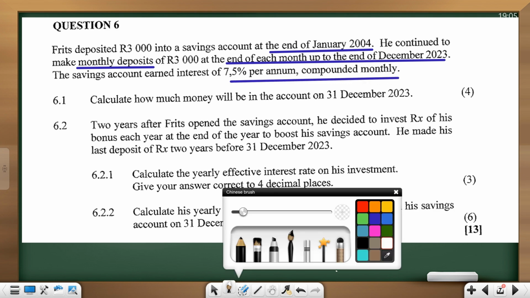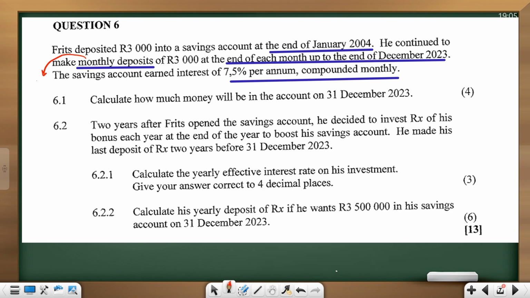All right, because monthly deposit, we know this one would be what? That's our X. So I know I cannot use my A formula now. I have to use the F. Calculate how much money you will have on the 31st of December 2023. The question is, how many? What is my N?